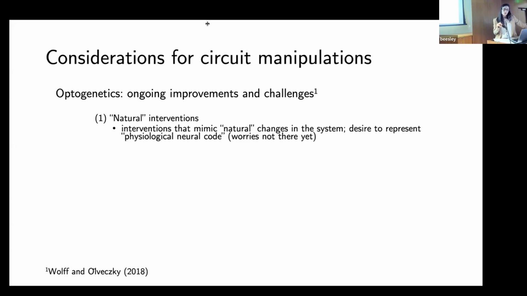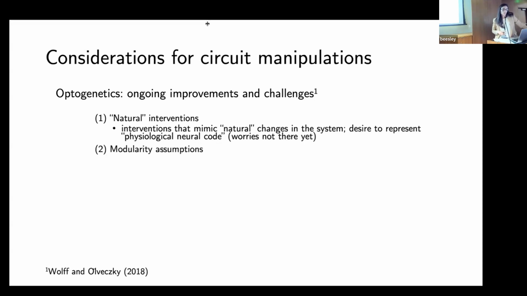So there's an interest in using optogenetics to perform interventions that mimic natural changes in the system so that one can represent the kind of physiological neural code that is actually taking place in these systems so that we can explain how they're producing various types of outputs. Obviously, these techniques are not there yet, and there are open questions about how exactly one would go about performing this type of natural intervention and what it is.